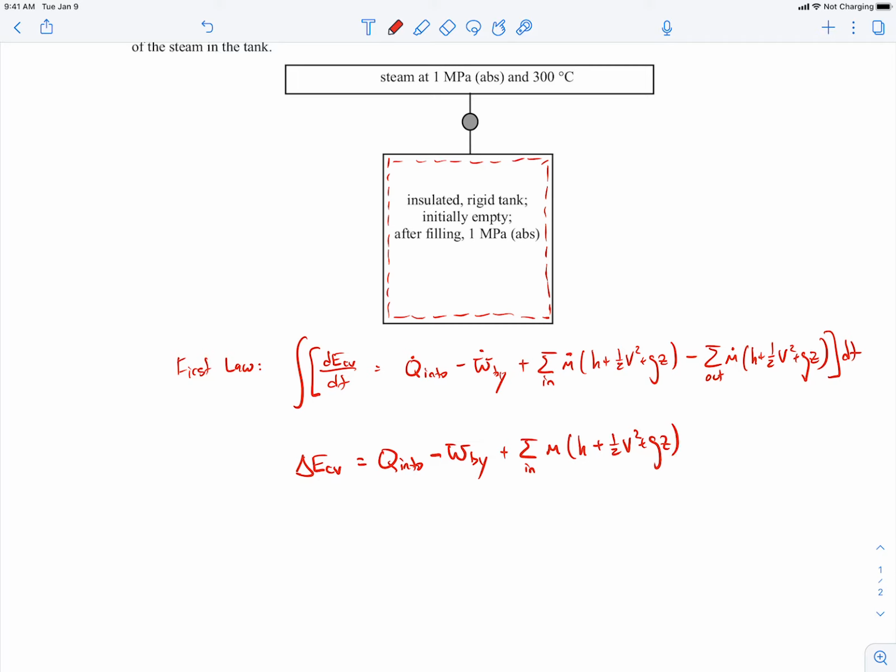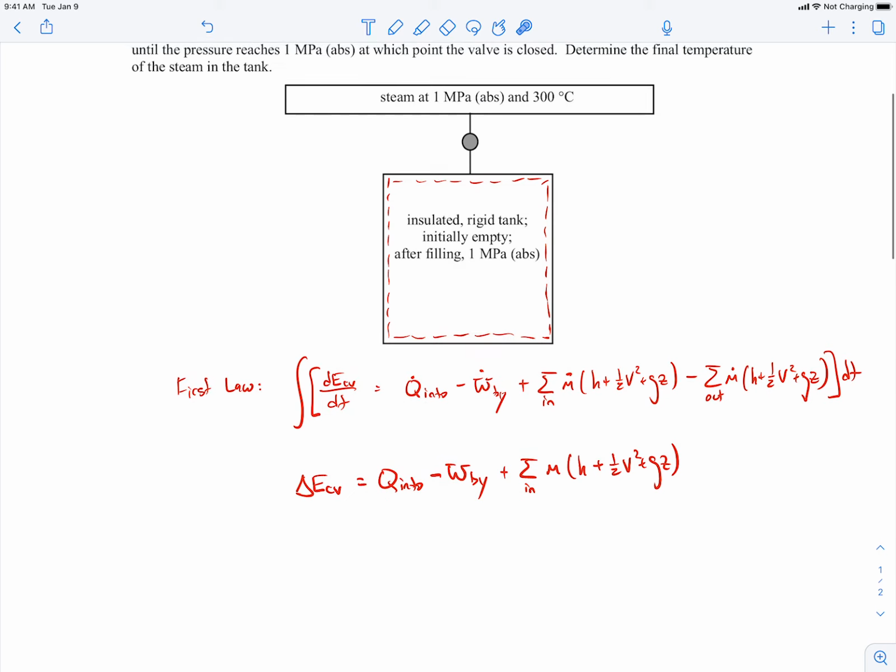One of the assumptions in doing this time integration is that these properties aren't changing with time, that they're essentially constant as the stuff comes in, which is okay in this problem because the steam is assumed to be like a big reservoir of steam. It's in a pipeline. So as this fills up, it's always coming in at 1 megapascal and always coming in at 300 degrees C. So these properties just stay constant with time.